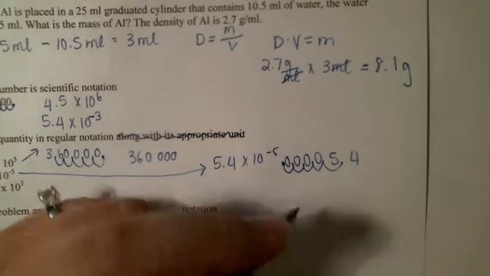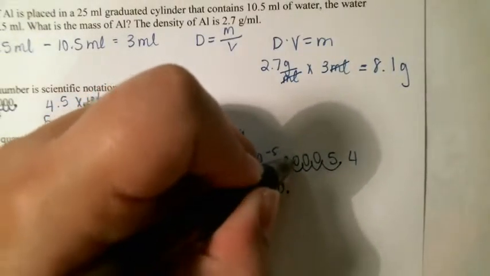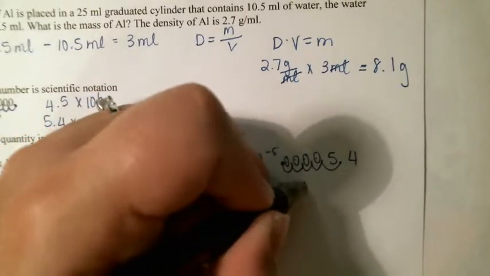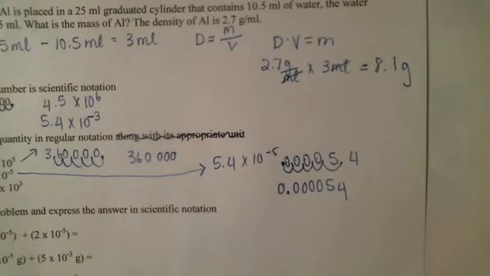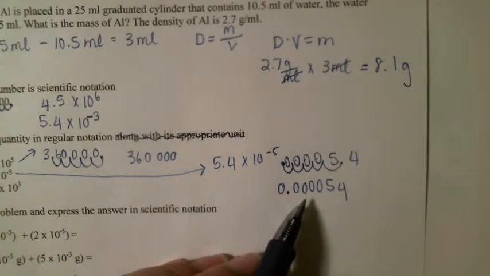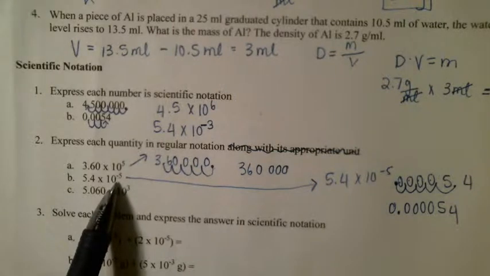So if I write this number out in regular notation, it'll be 0.000054. This number is less than 1, and this exponent is negative, so that makes sense.